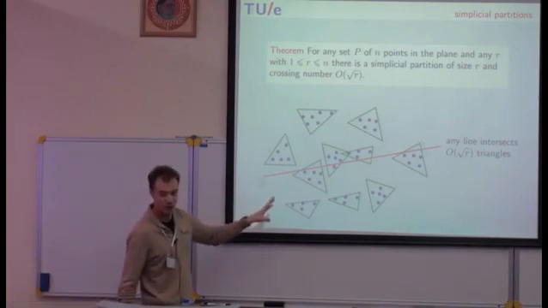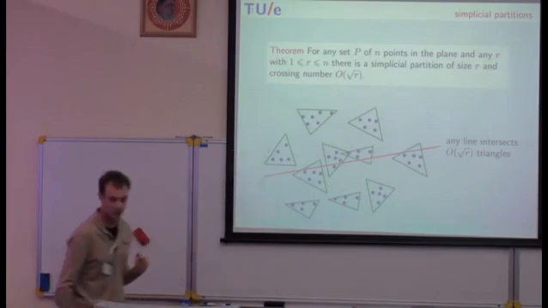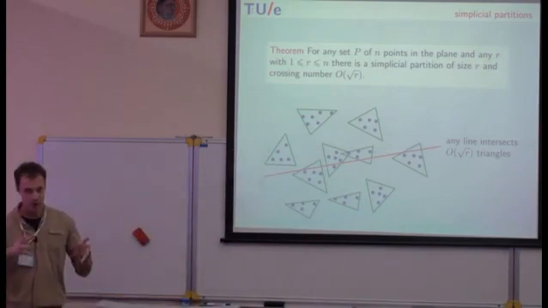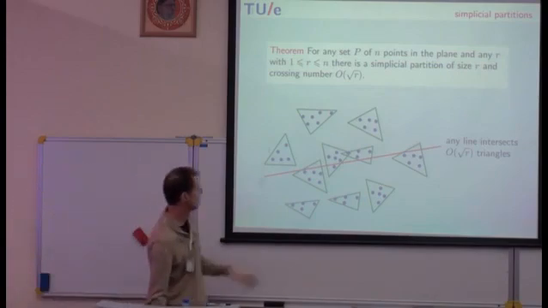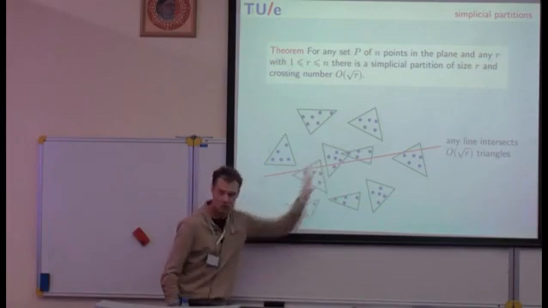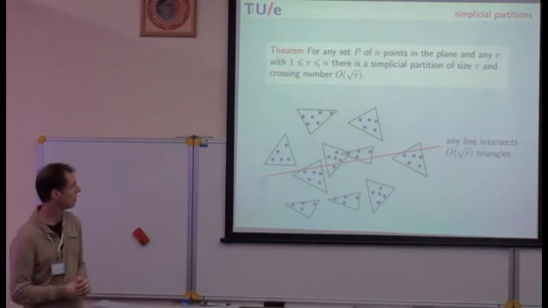So what you can always get is that for any parameter r, you can partition your point set into r subsets, each inside a triangle. So you can get a simplicial partition.